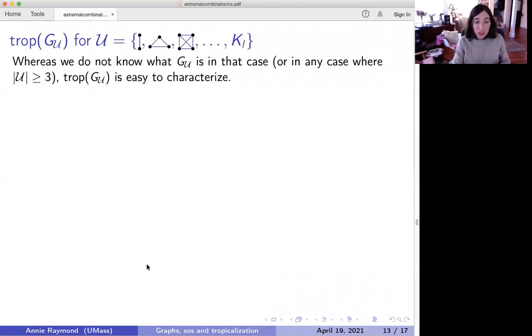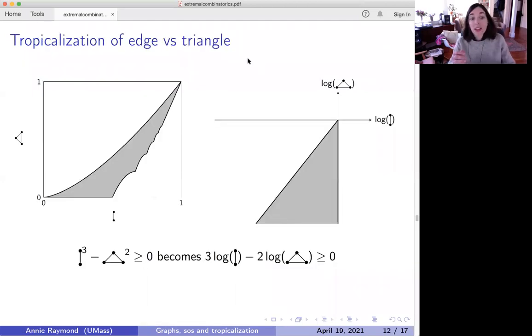Once I take the log of this, I just get 3 times the log of my edge density minus 2 times the log of my triangle density. So I just get this nice linear constraint. I lose all of these details. All I'm keeping are the binomial inequalities.